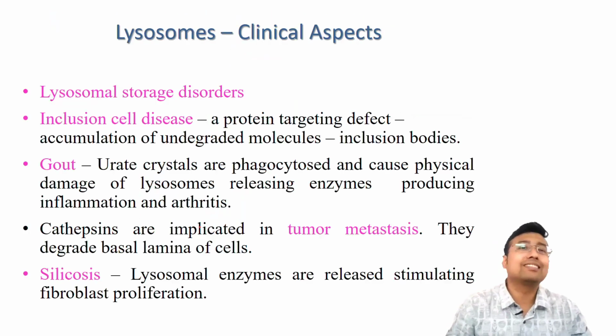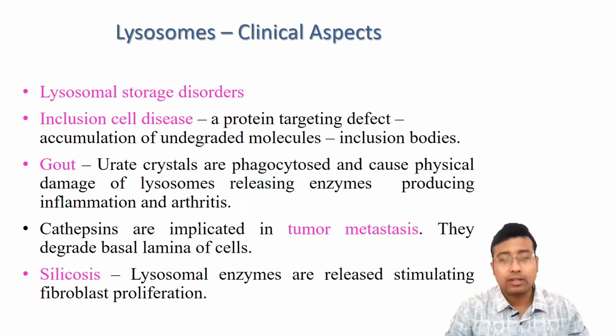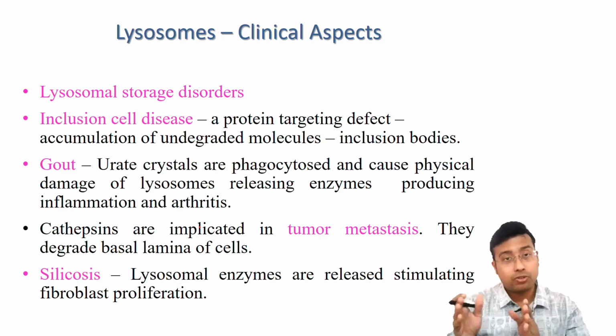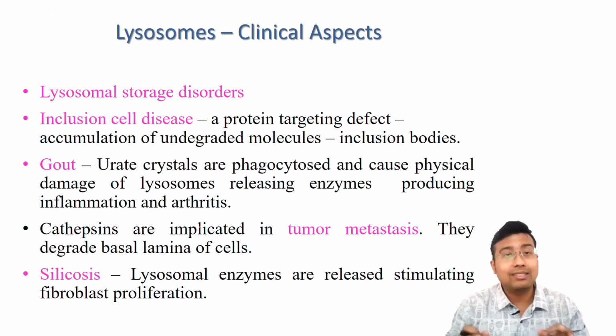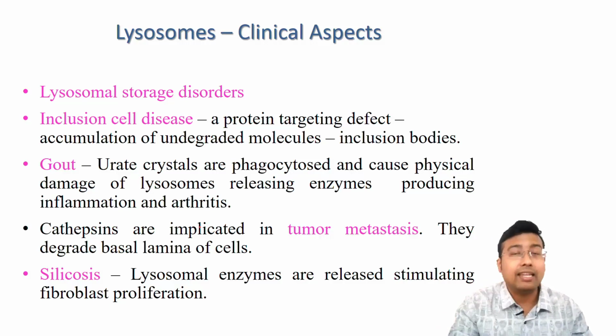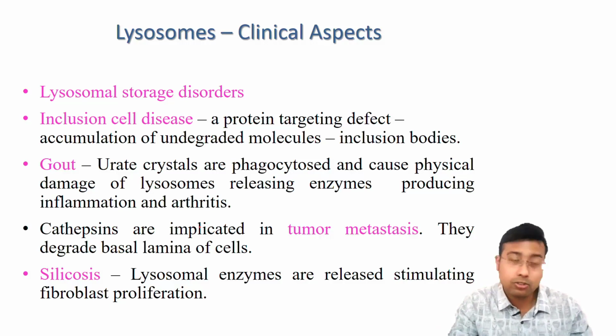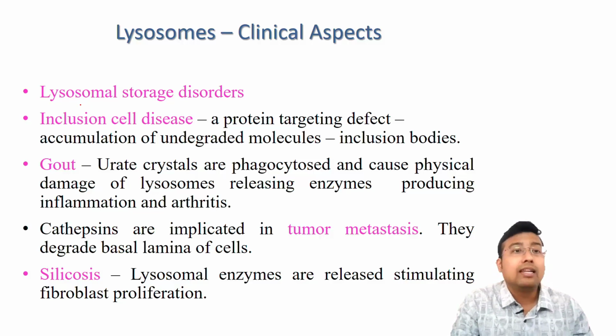Now I'm not going to discuss all the clinical aspects of all organelles. As I told you, you should read the textbook, and those are easy to remember, but these areas may go overlooked, so it's my duty to discuss them here. Lysosomal storage disorders are must-know areas.